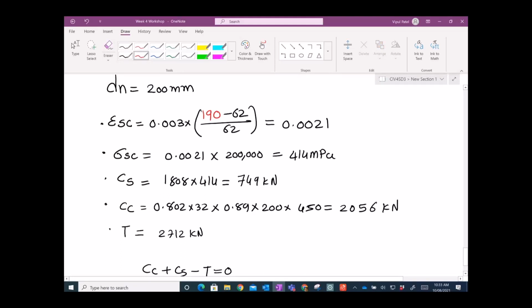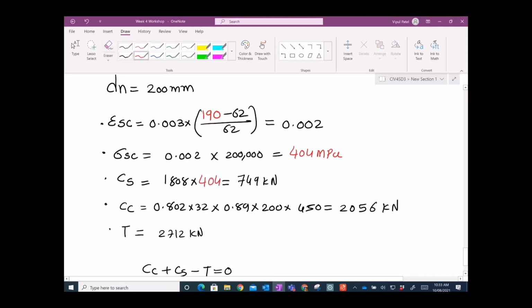If you change it and use the calculator, you get 0.002. So if you have 0.002, then you will get around 404 megapascals. So that is 404 megapascals. Just change the numbers. Then you have 1808, that is the area, times these 404.